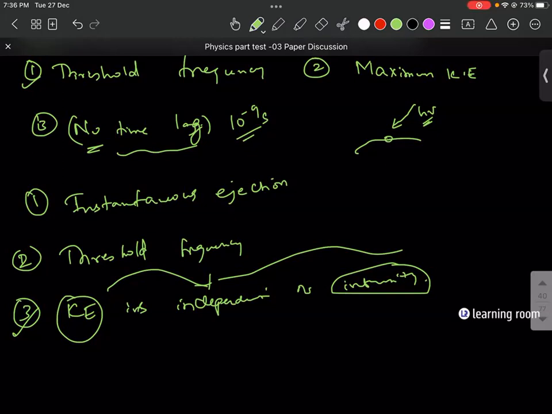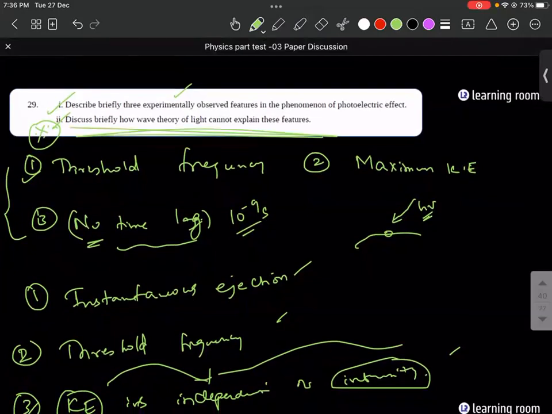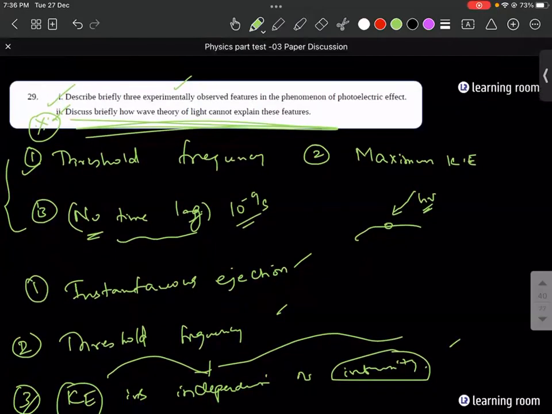These are the factors which wave theory could not account for, because wave theory has a completely different story to tell. Since they didn't match, the photoelectric effect cannot be explained with the help of wave theory. From an exam perspective, this is a very, very important question, so please read this.